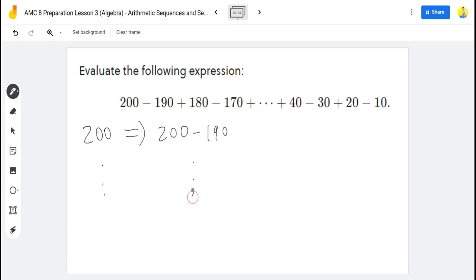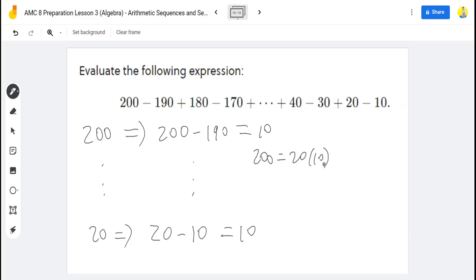And each pair has a value of 10. So you need to find the number of multiples of 20. There are 10 multiples of 20, since 200 equals 20 times 10, and 20 equals 20 times 1. So the answer is just 10 times 10, which is 100.